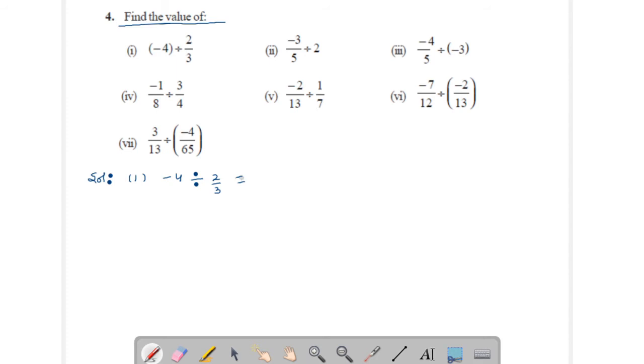In division, you have to change the division sign into multiplication. How will you do so? By taking reciprocal of second rational number, that is 2 upon 3. What is the reciprocal of 2 upon 3? It is 3 upon 2.